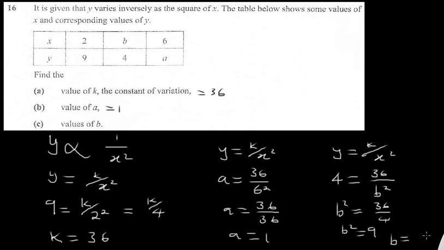And so b equals, what is the square root of 9? 3. So we have the value of b being equal to 3. And that is how we go about working around this question on variations.